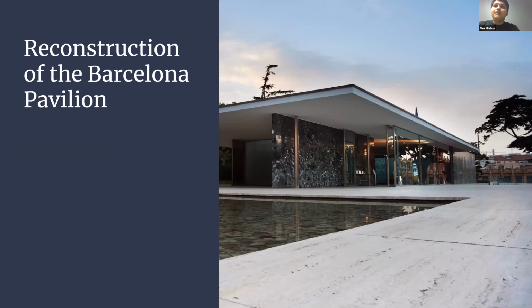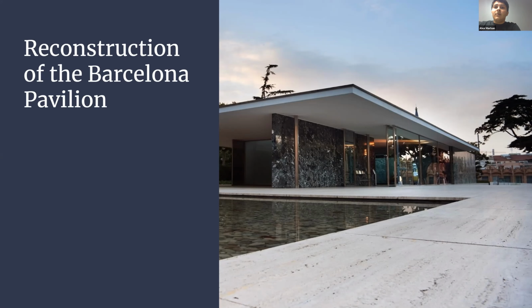So yeah, the actual German Pavilion was dismantled in 1930 after the exposition, and the materials were sold to make up for the initial investment due to Germany's deteriorating economy, which probably was a reason for World War II as well. But the site was empty for 50 years.